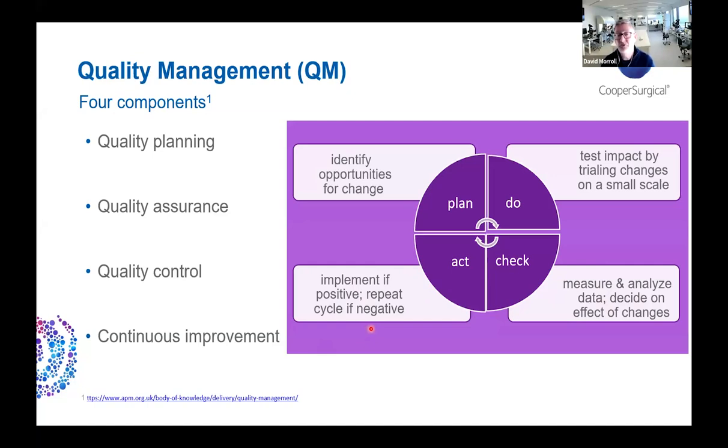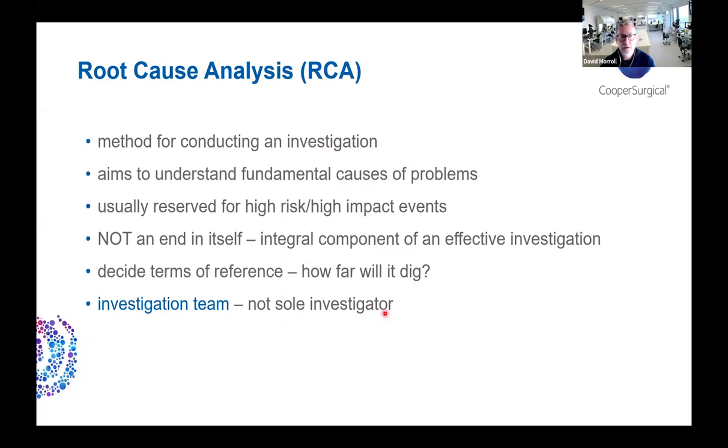And that should be continuous. That should be something that you're doing over and over and over again, using your data that we'll talk about in a moment. So the quality cycle asks us to plan, do, check, and act.